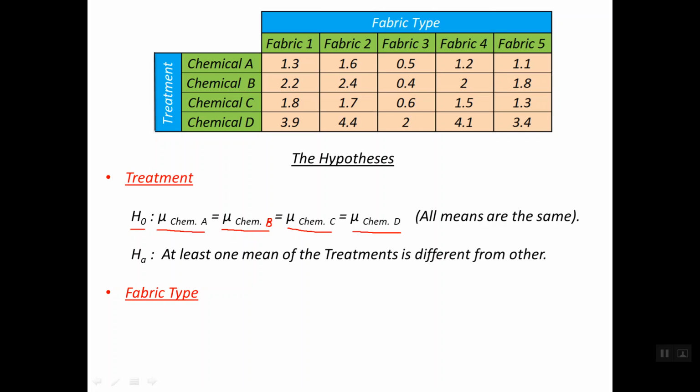Regarding the alternative hypothesis, it states that at least one mean of the treatment is different from the others.